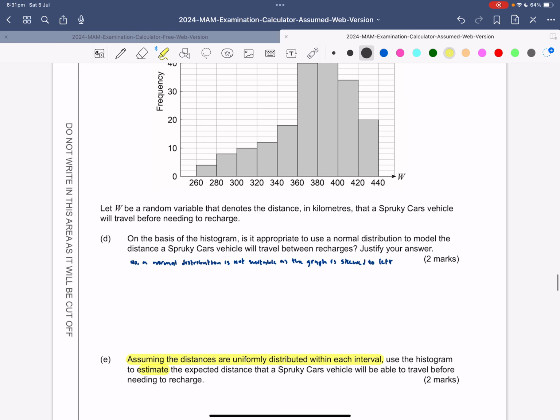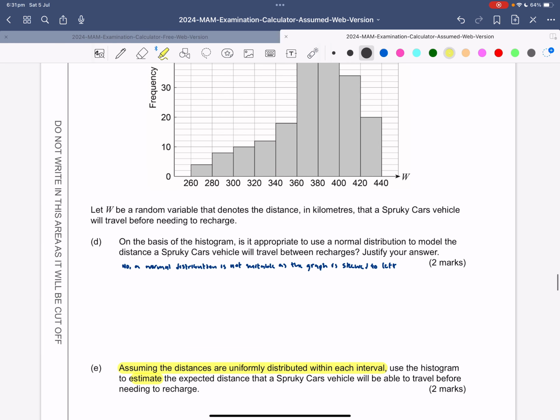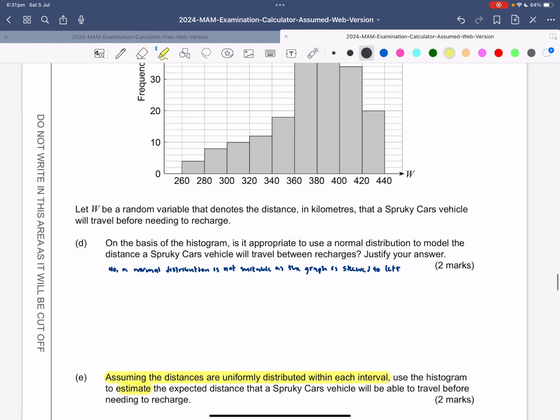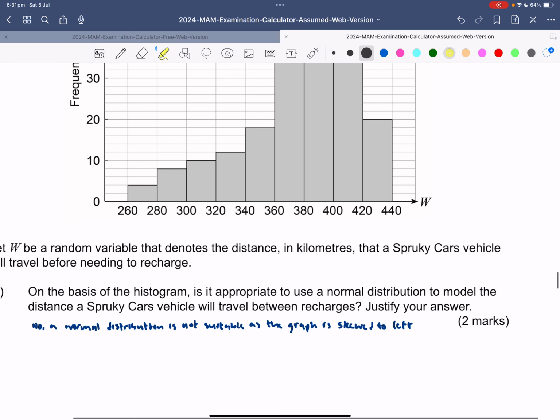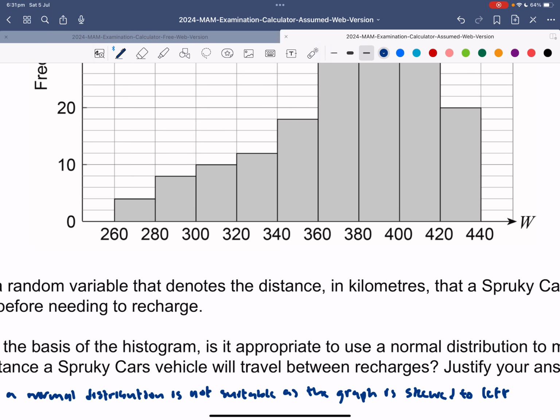So the expected distance. Now, guys, it almost becomes a DRV. So you just use the midpoint of each interval. This one is 270, the midpoint of that one. This one's got a midpoint of 290. This one's 310, 330, 350, 370, 390, 410, 430.